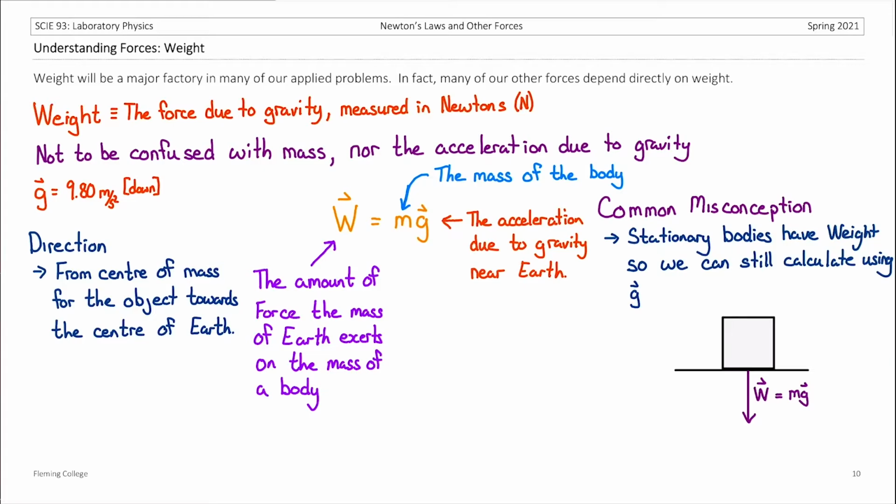So your mass on Earth is the same as your mass on the moon. But because the Earth is so much larger, the acceleration due to gravity is 9.80 meters per second squared on Earth, and it's something like 1.62 meters per second squared on the moon. So while your mass is the same in both locations, your weight will be vastly different.